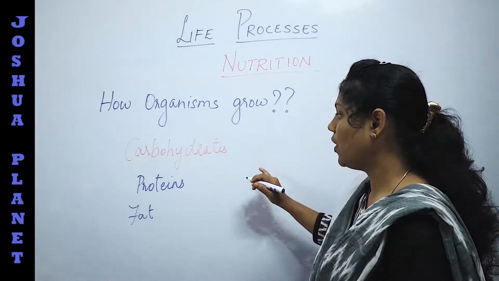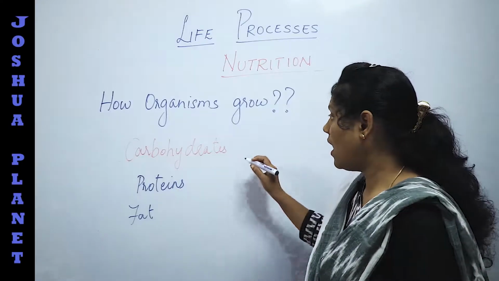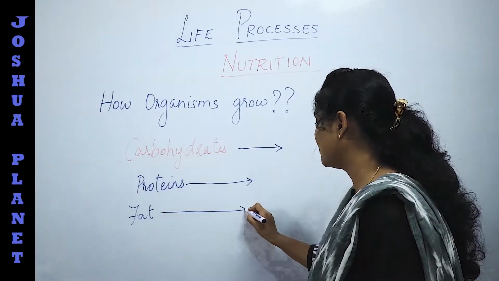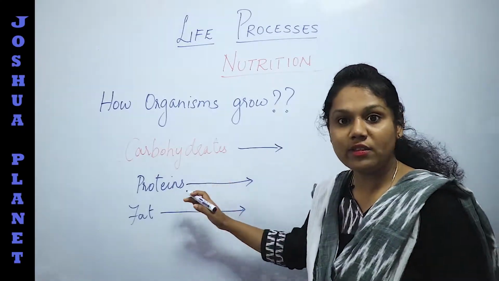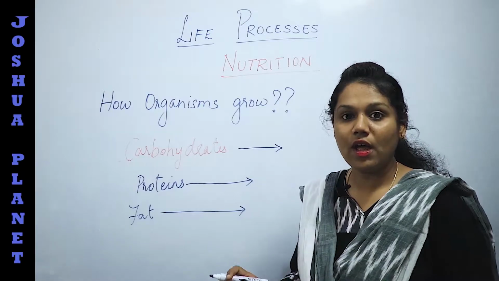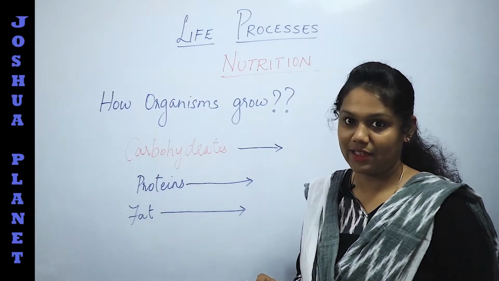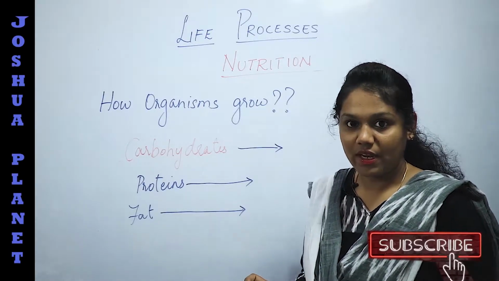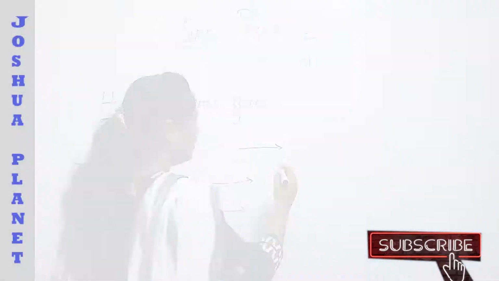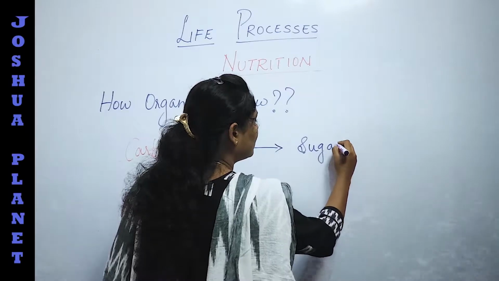So these carbohydrates, proteins and fats are broken down into simpler substances. All the three of them, carbohydrates, protein, fat, are made up of carbon. The majority of what is available is carbon, right? So these carbohydrates are basically broken down into sugars, that is simple sugars.